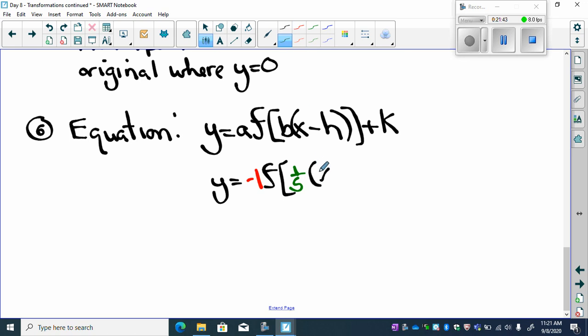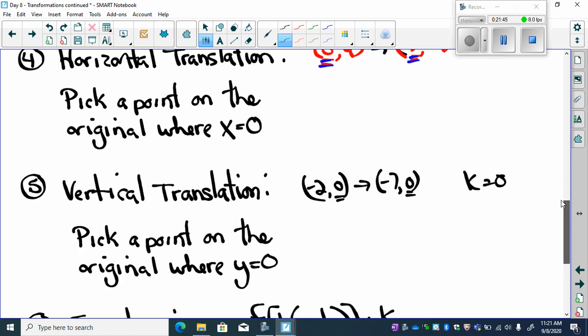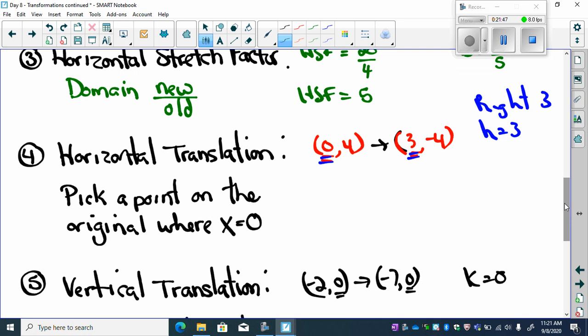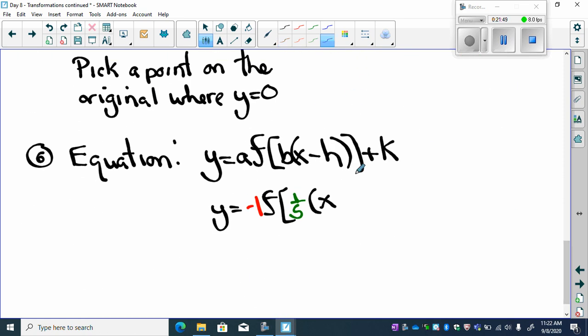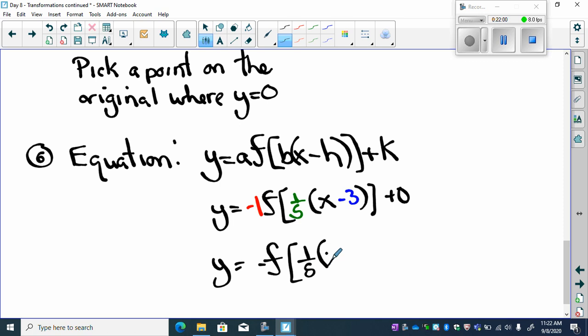Open your bracket. It's x minus 3. Close the bracket twice, plus 0. Now this is how you would see that written in the textbook: 1/5 x minus 3, and that's it.